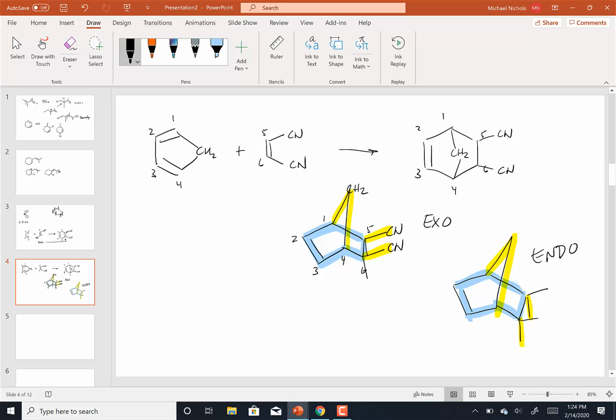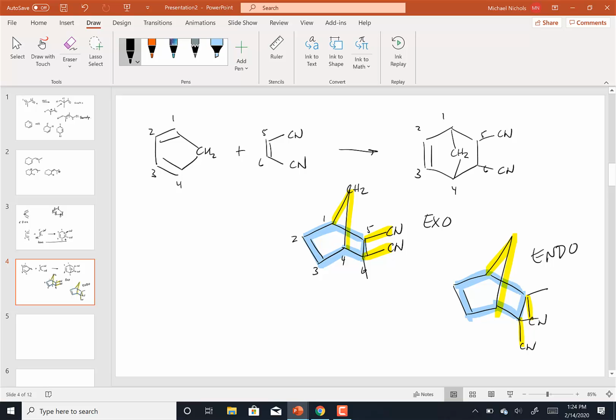Julia? So if you originally had a trans alkene, is it then like impossible to have an exo-endo product? Right. Endo and exo only apply as names to when the two groups are cis. So I'll do that in a minute.